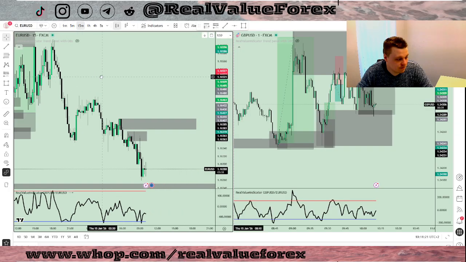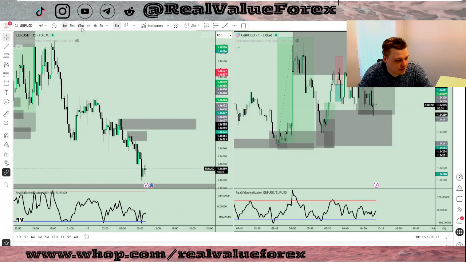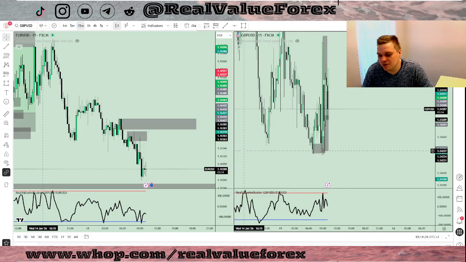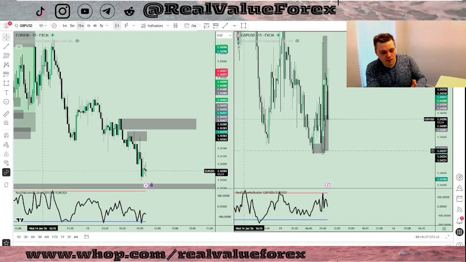I don't start predicting now, but in my group I have predicted it a lot, and it's usually doing exactly that. But it's best when you see the areas, see the reaction, and you get your 5 pips. That's it.